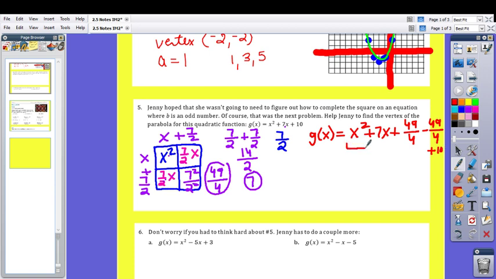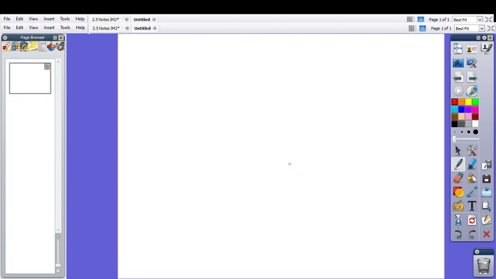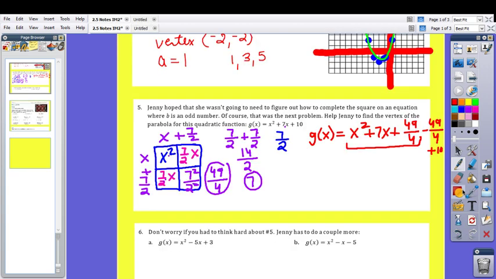If we put this whole thing together, then instead of writing it as the area, I can also write it as this times that. So we will be writing it as g(x).